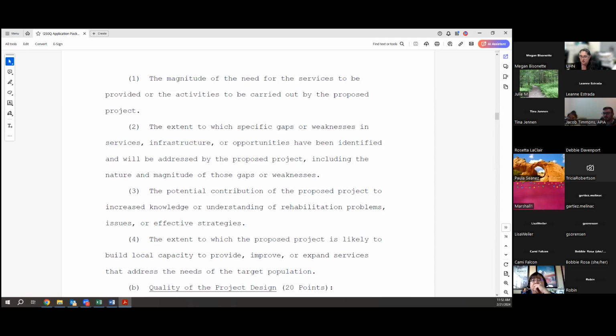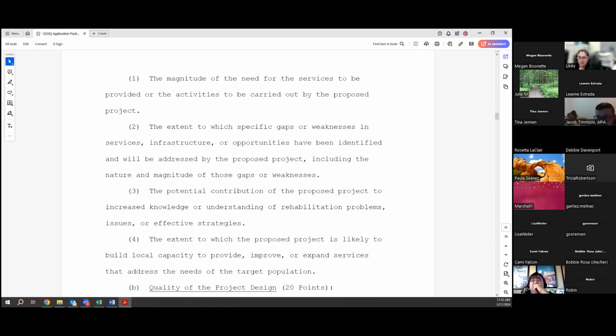So being able to talk through those things, and this also, again, like number 3, plays into later on where you may talk about your outreach strategies and how you provide disability awareness in your community. So again, although it's 10 points, it connects and ties back into those other sections.